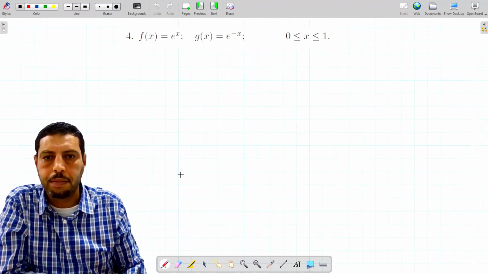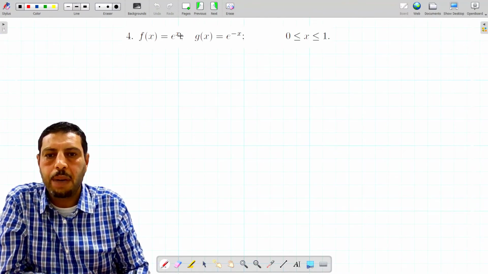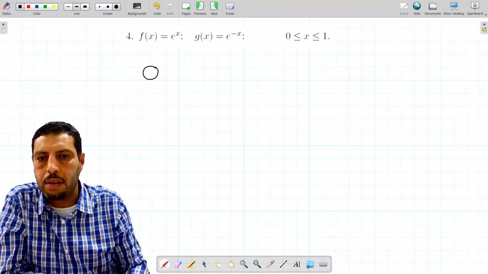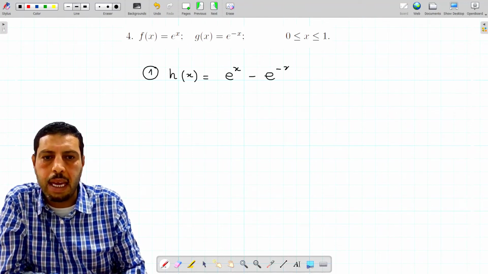Next one. And last one here. We have f of x equals exponential x and g of x equals exponential minus x. Again, here you set your function h of x equals exponential x minus exponential minus x.